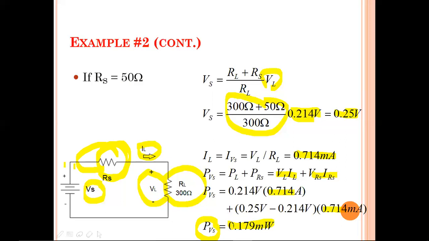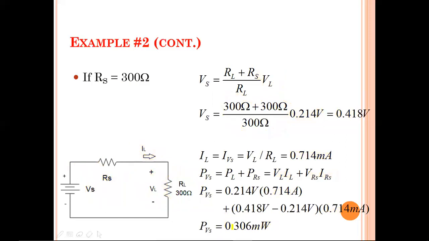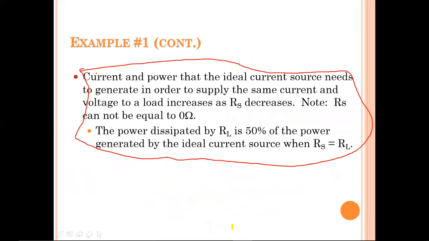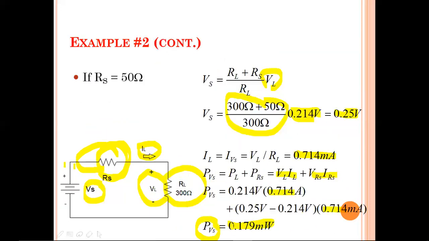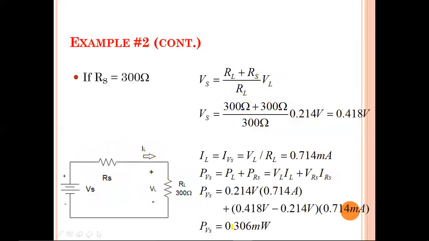Then let me increase the resistance to 300 ohms, as our question itself says, 300 ohms. Let me increase it 6 times. After increasing the resistance 6 times to 300 ohms, how is the Vs going to be affected? For finding the source voltage, you should depend upon the known parameters.